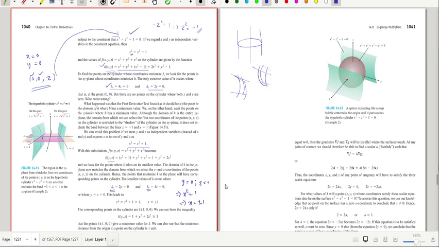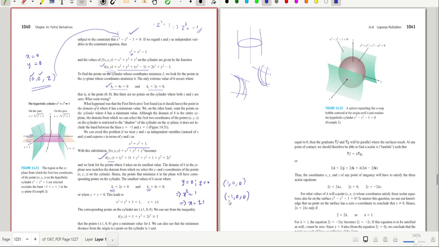Now you get the points 1, 0, 0 and minus 1, 0, 0. These are two points on the hyperbolic cylinder. So this function enables us to get two points from the cylinder which minimize x square plus y square plus z square.